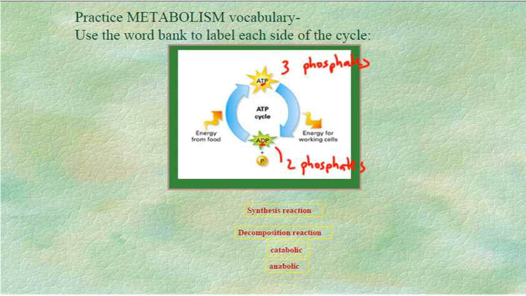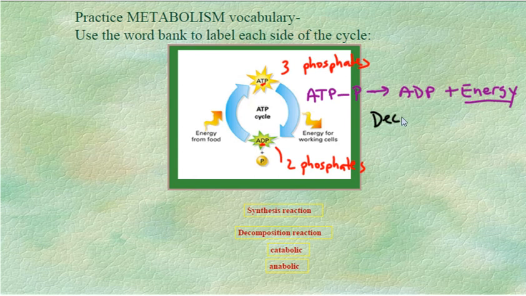So what we are doing here, ATP to ADP, this is going to be ATP minus a phosphate is going to give us ADP plus energy. What this is telling us is energy is a product. We're becoming smaller. We are breaking down. Whenever we break down, this is going to be decomposition as well as catabolic.